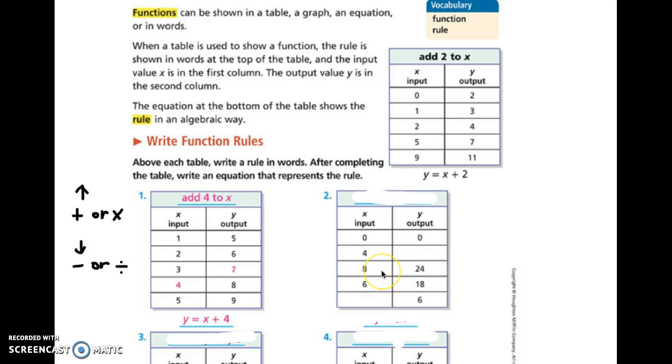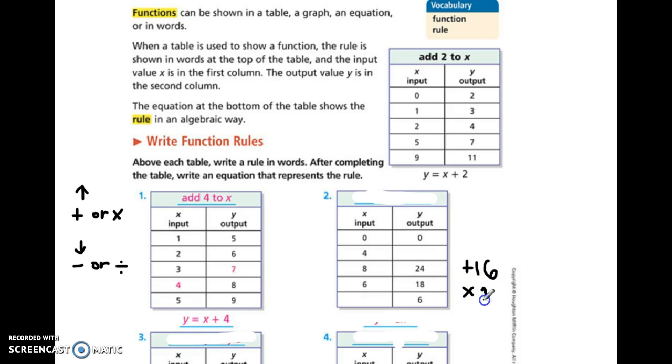If I was adding, 24 minus 8, I'd have to add 16, okay? I could maybe be adding 16, or what's another way I could get there with multiplying? Instead of adding 16, I could multiply it by 3. So I could be timesing it by 3.